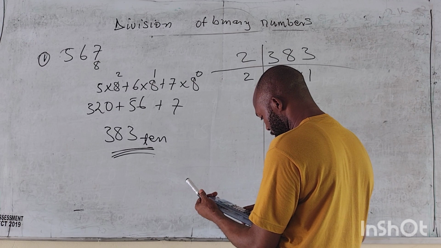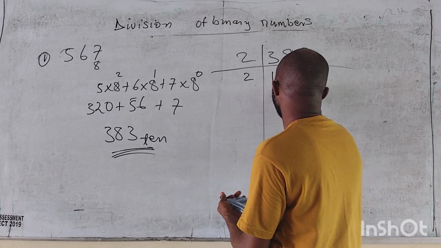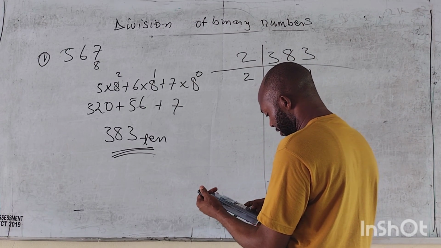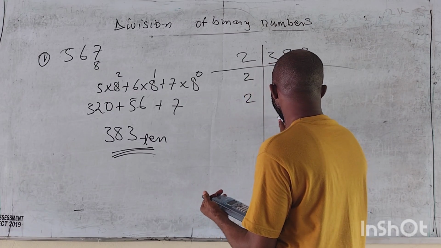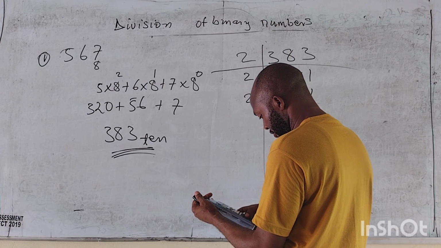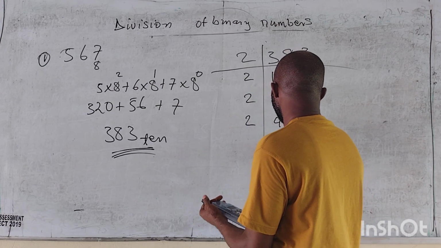2 again. 191 divided by 2 is 95. Remember 1. Now 95 divided by 2 is 47. Remember 1. 47 divided by 2 is 23.